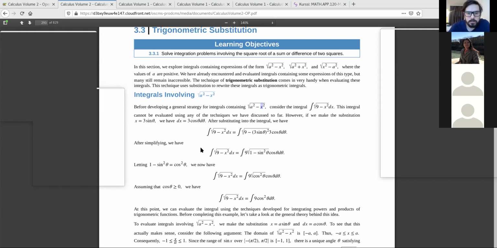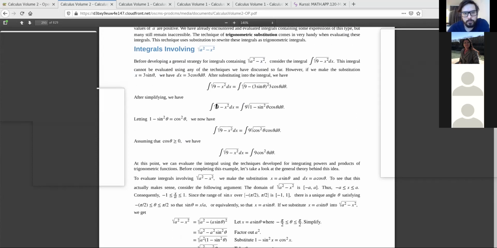So for instance, here is 9 minus x squared. The reason why you want a trigonometric substitution is to factor in the room for maneuver for x here. I want you guys to understand that that's the reason why we do this. It has to get all the necessary values.